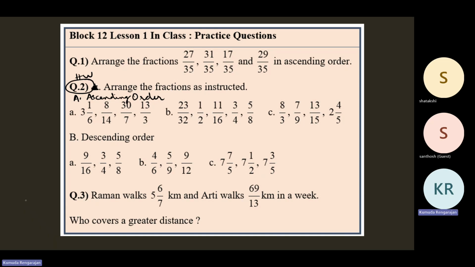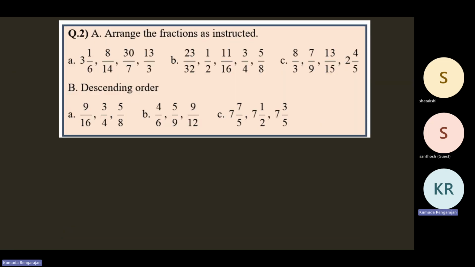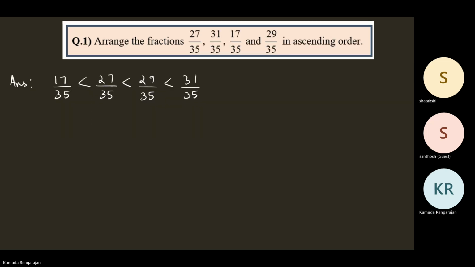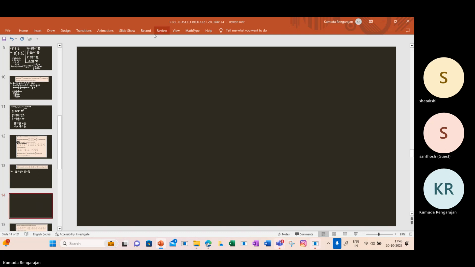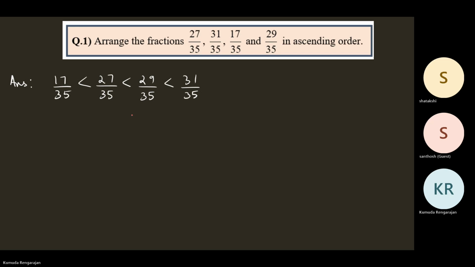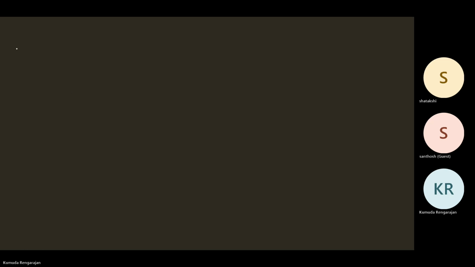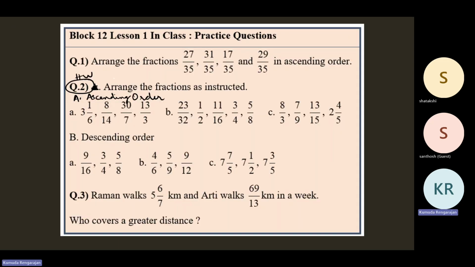7 by 5, 1 by 2, 3 by 5. Descending order.